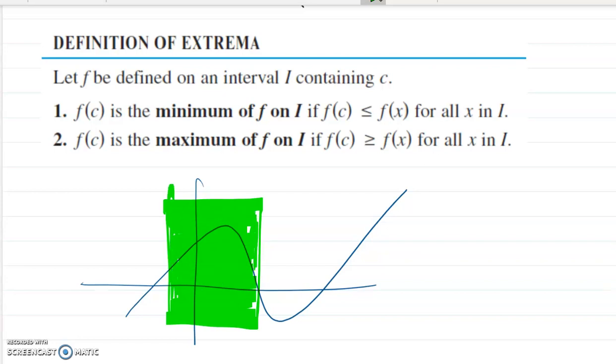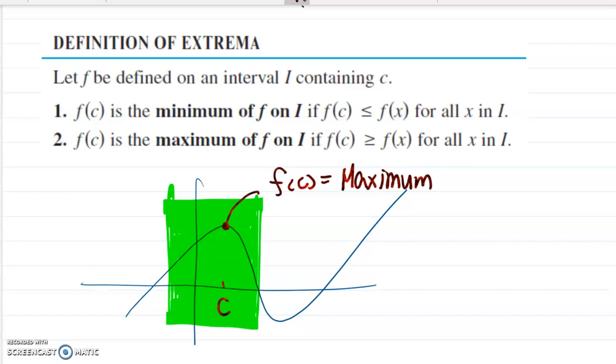Make sense? Then you know that the maximum is located right here. So I'm going to define this as c, then f(c) represents our maximum. Then now let's look at other f(x) values.